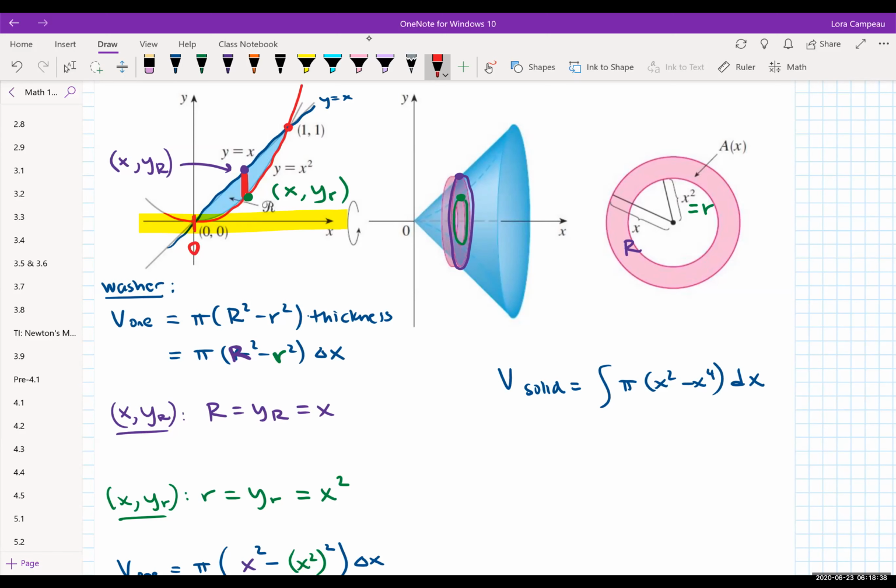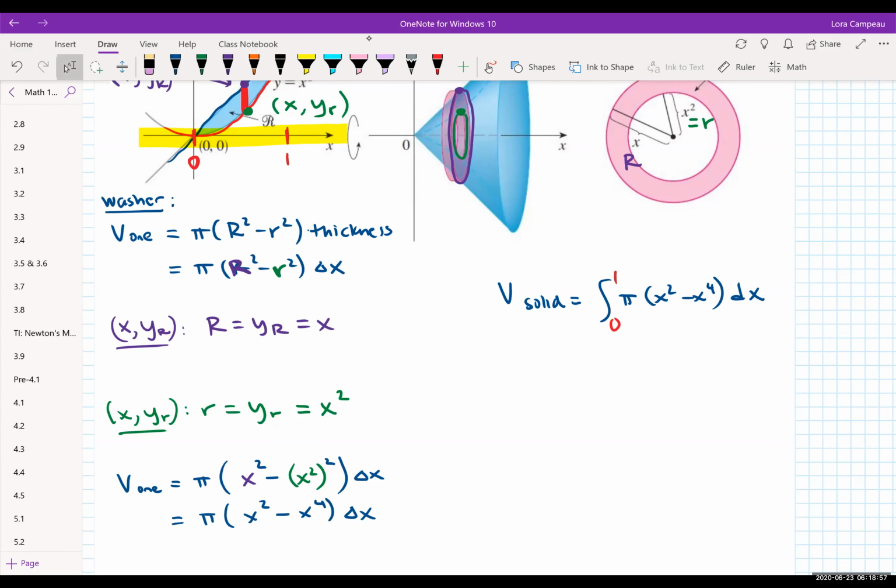So everything from x equals 0 to x equals 1. So it's helpful for us to see. If we were taking it with the y, it'd be the same based on the functions that we have, but always verify before you proceed. Similarly, once you've set up this integral for volume of the solid, everything's in terms of x.